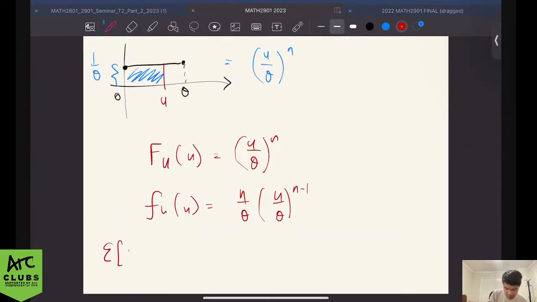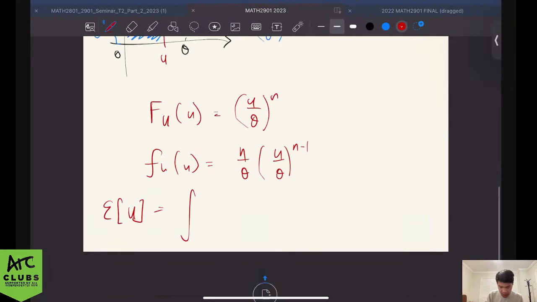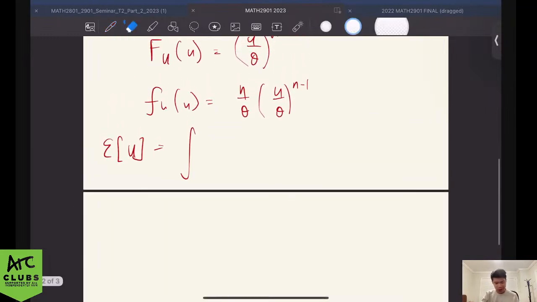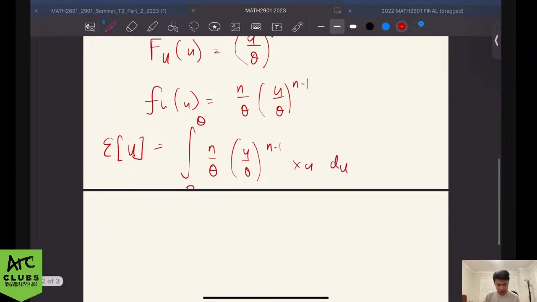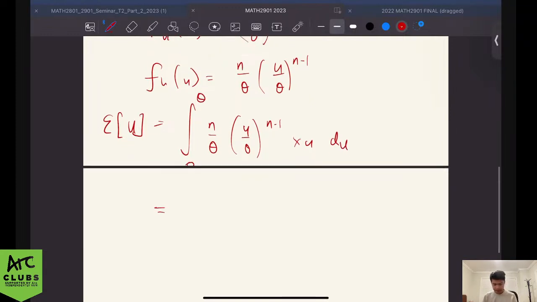So expected value of u is equal to the integral. Okay, yeah, my n's sometimes look like u's. It's a common problem. Evaluate from 0 to theta, because that's our range. And then just take all the constants out and divide it by theta to the power of n.